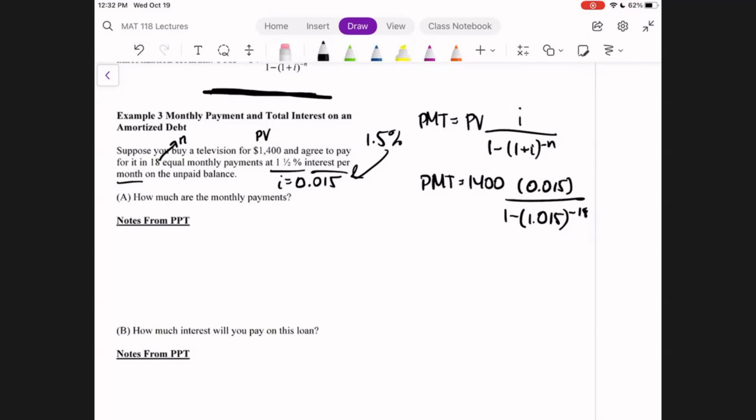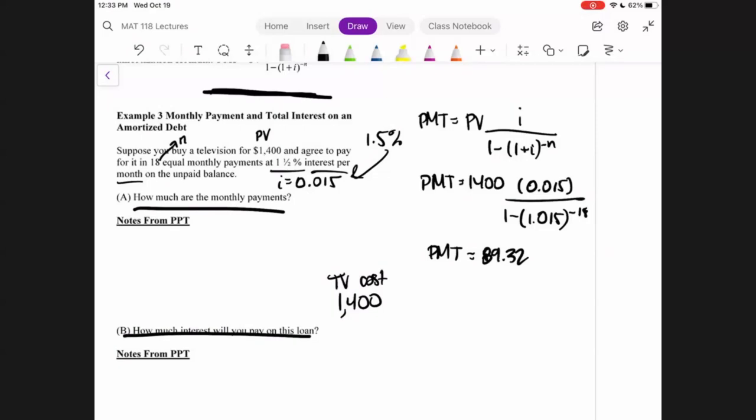So your monthly payment, you probably guessed, is going to be rather small, $89.32. Okay. And this wants to know, how much are the monthly payments? How much interest do you pay? Remember, so that is, what's the money, right? So the TV cost this much, and then total paid over the 18 months, right?